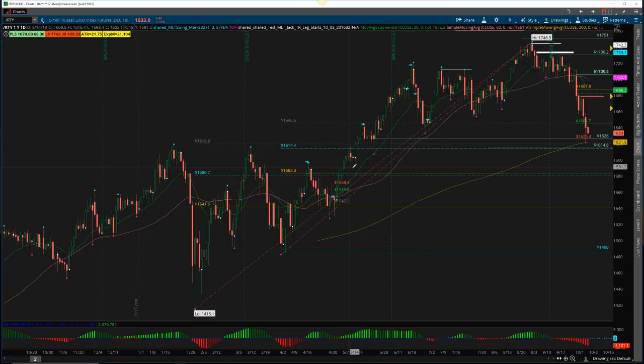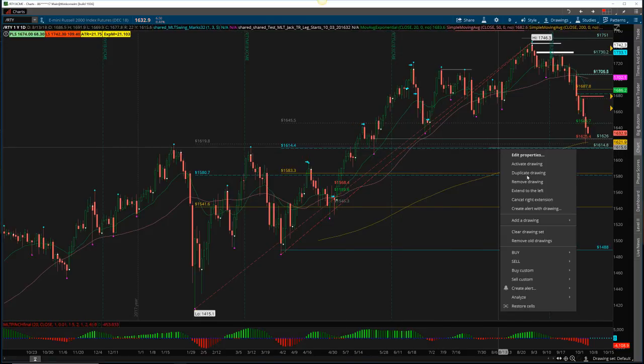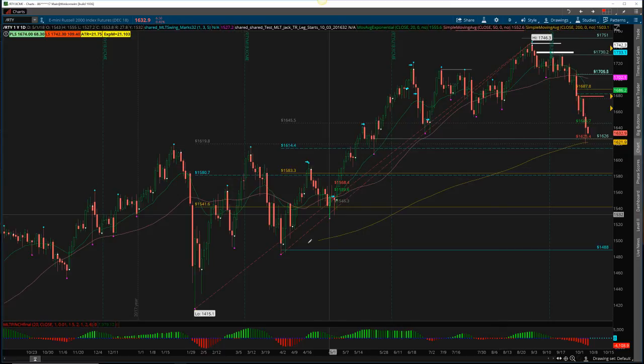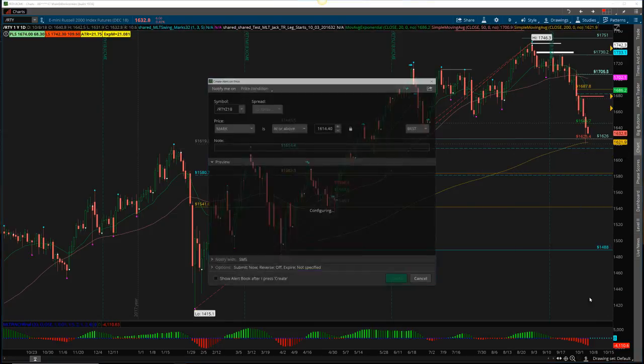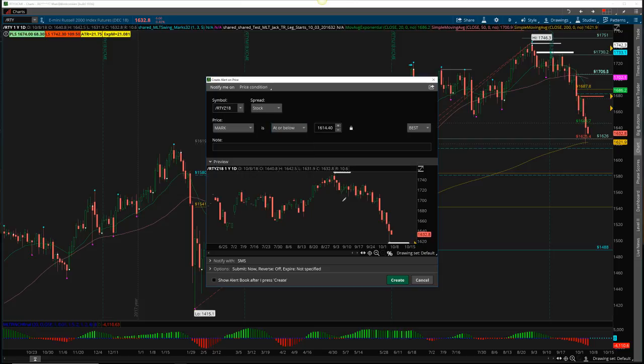Now, what's going to be interesting here is this 1614.8. This is one of the bigger levels that I would be watching. The low of April 2nd to high is 1614.4, and that could come into play here this week, absolutely.